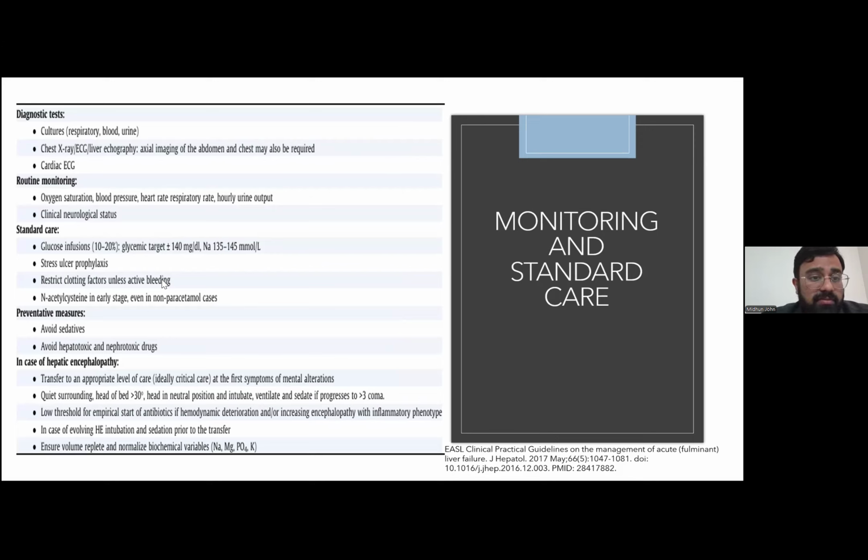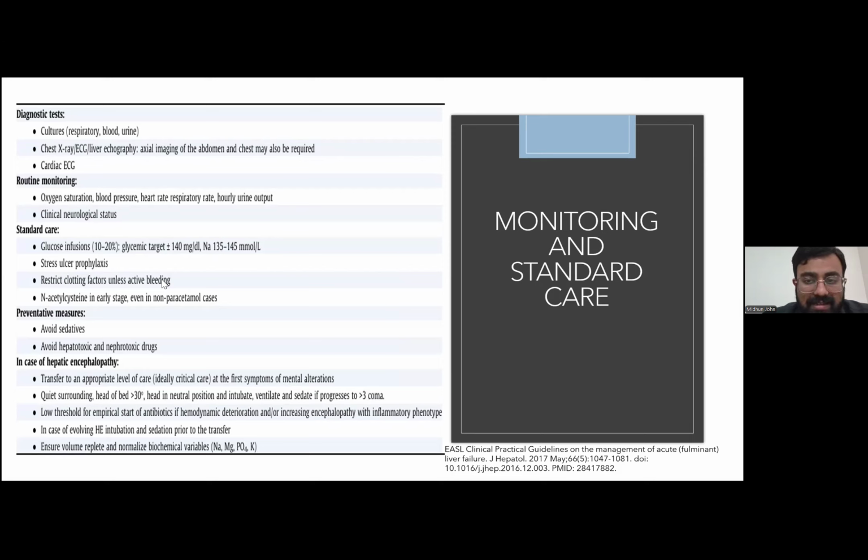Imaging is vitally important with these patients, not just a chest x-ray but also CT brains, as we'll be talking about now, to assess for cerebral edema, looking at the liver and for pre-existing disease. Looking at the basic cardiovascular and respiratory status of the patient is extremely important.